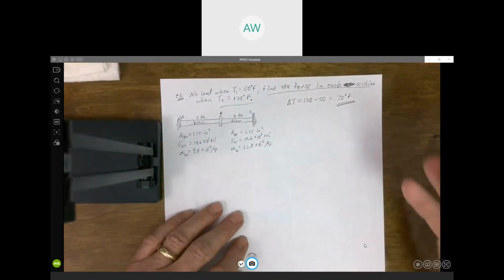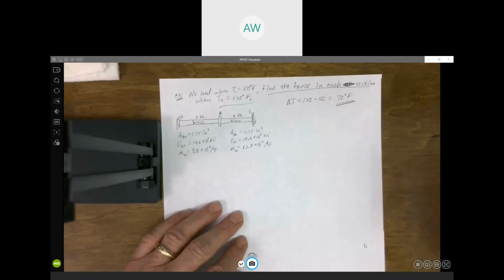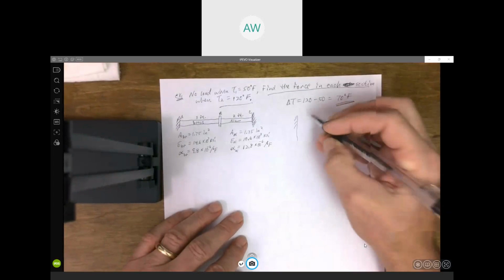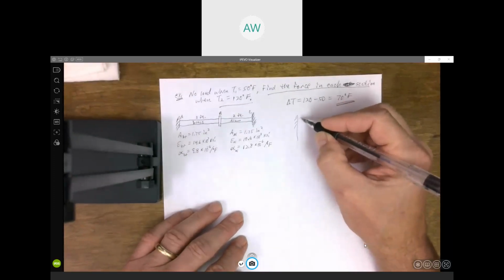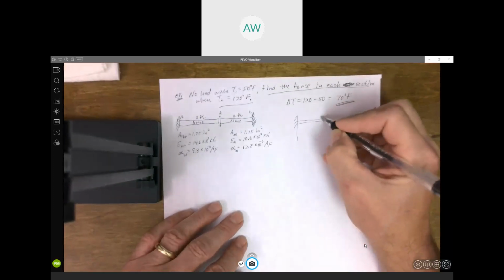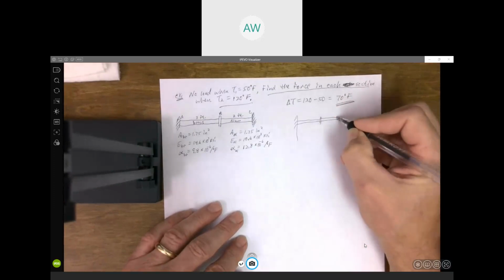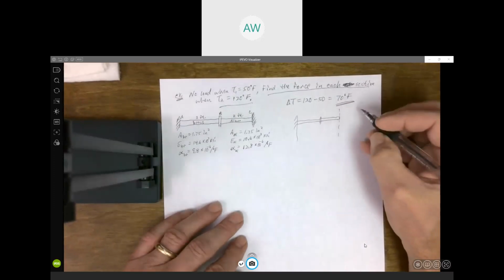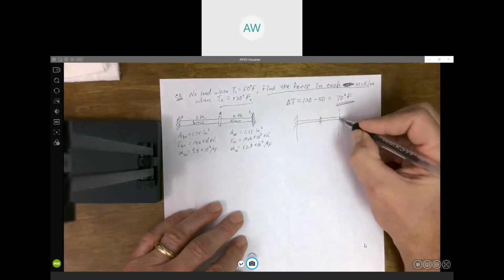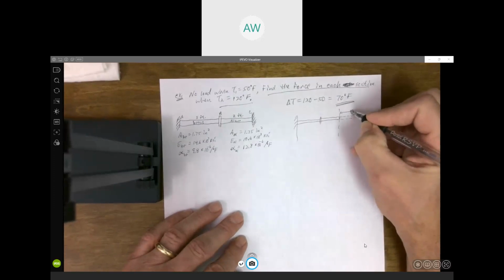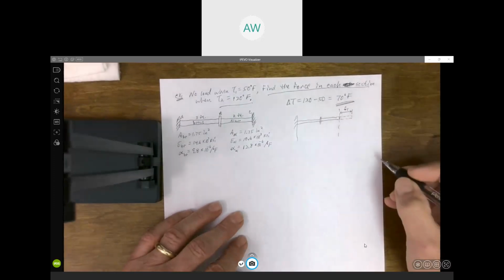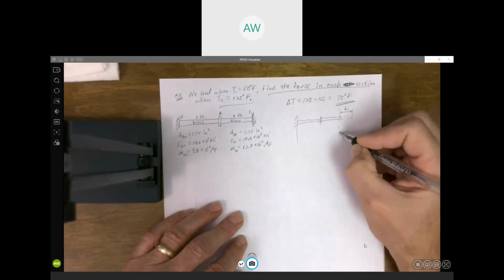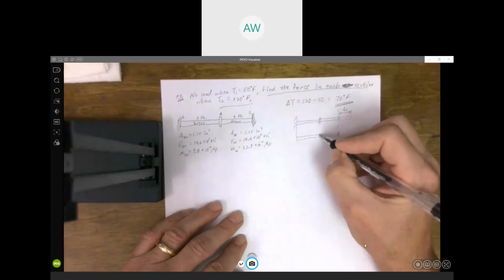Again, pictorially, if you will, we've got this section here, or this member. If we didn't have a wall over here on this side, this thing would want to expand out some amount, delta T. But we, in reality, do have a wall here, and so that prevents it from doing so.